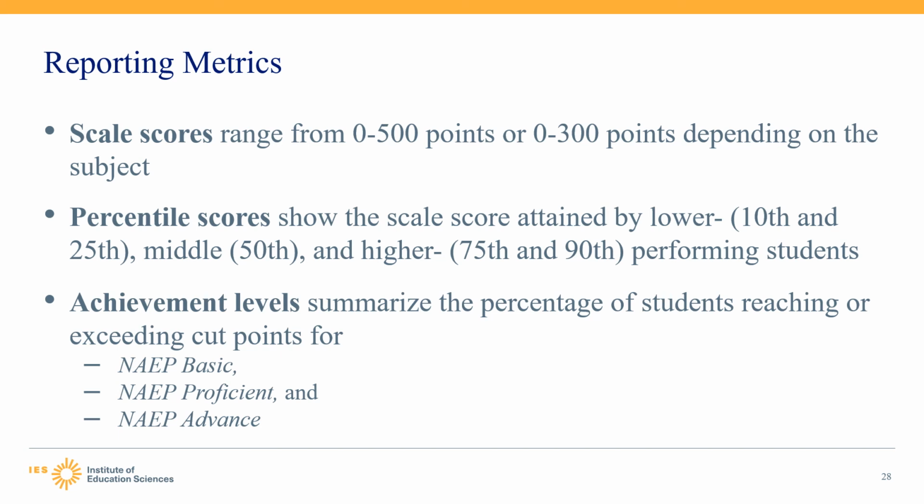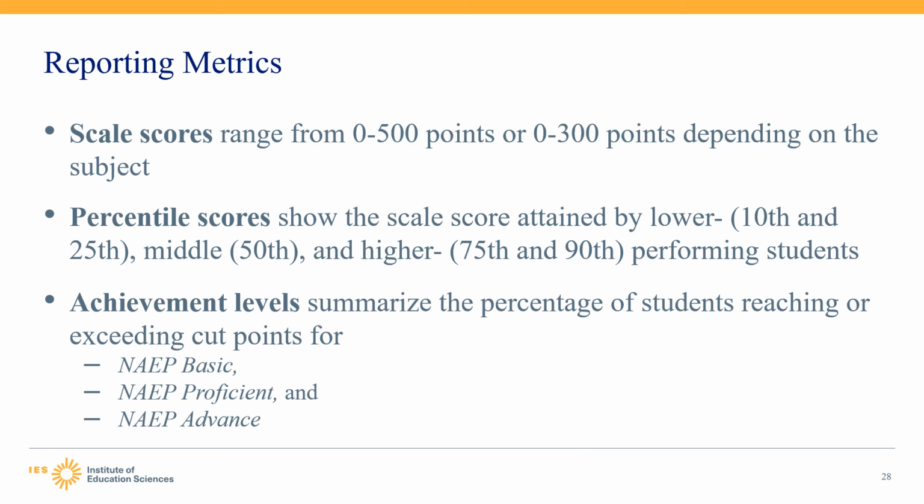In NAEP, the percentile score is defined as the percentage of students scoring lower than a particular scale score. For example, NAEP reports on scores at the 10th, 25th, 50th, 75th, and 90th percentile. For example, if the 25th percentile score is 281, then 25% of assessed students score below 281.